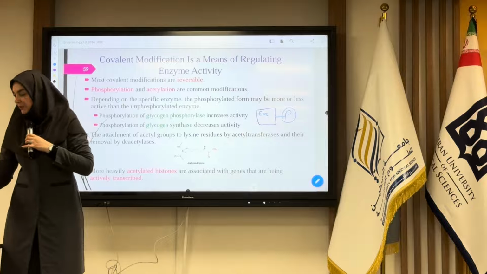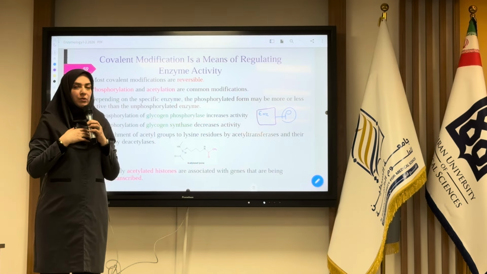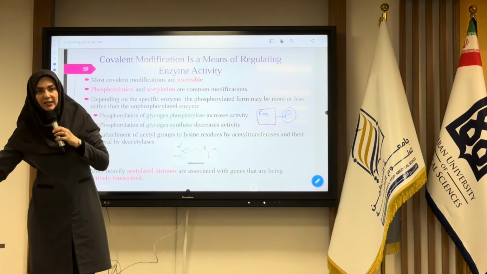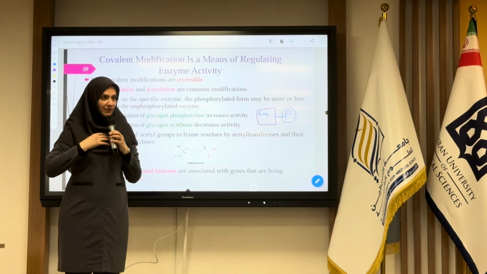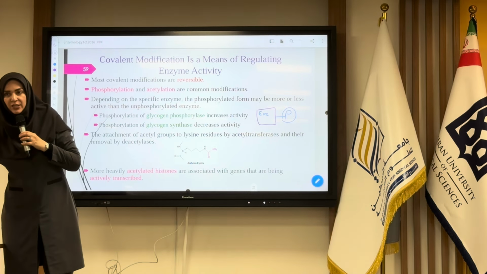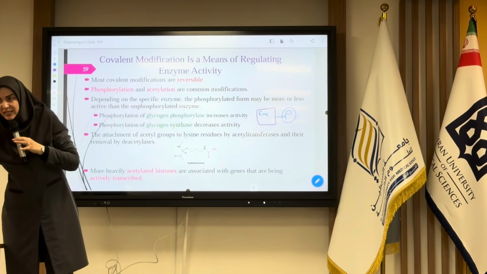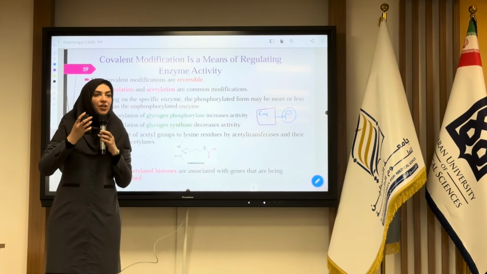Sometimes, for example, if you want to activate this enzyme, what should you do? You should remove the phosphor. Phosphorylation, dephosphorylation. Okay? This is the name of the process. Phosphorylation most of the time is mediated by which enzyme?